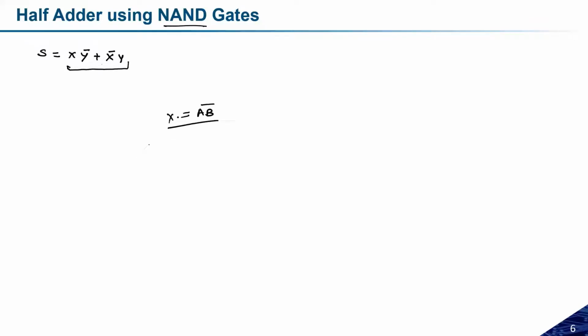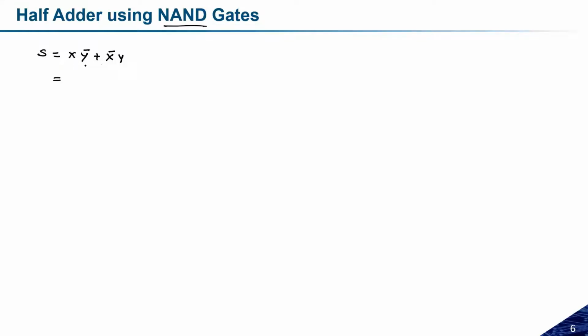I need to convert all the terms present here into the form A plus B complement, so that I can use NAND gates to implement the function. Let us see how we can do that. For that purpose, I simply need to use the Boolean laws which we have used before.